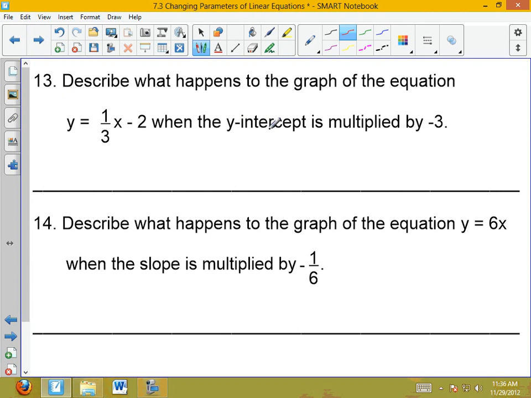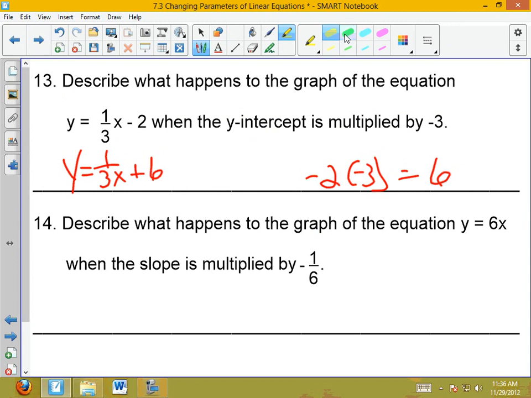What happens when you multiply the y-intercept by -3? Now, negative matters. -2 times -3 equals a positive 6. So my new equation is y equals 1 over 3x plus 6. Slope, negative doesn't matter. Y-intercept, negative matters. So now I have a positive 6 and a negative 6. So what happened to it?